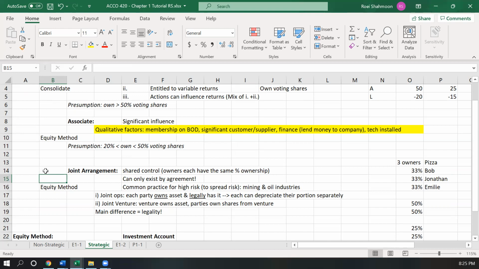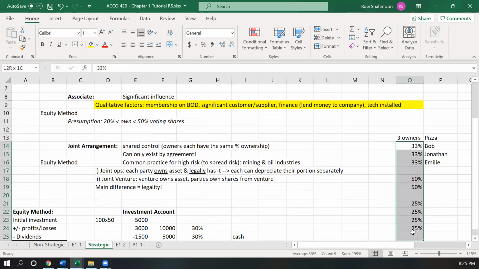They have something called shared control. The way to see that they have shared control is by having an equal split of the share ownership. 50-50, 33-33-33, or this as well, 25 times 4.